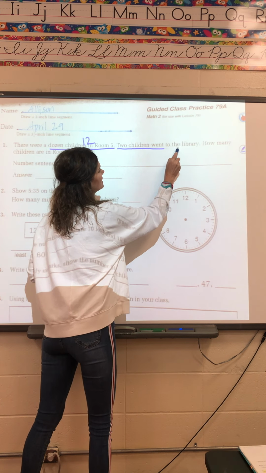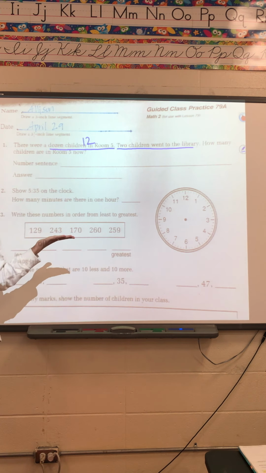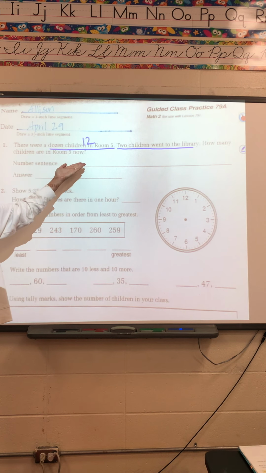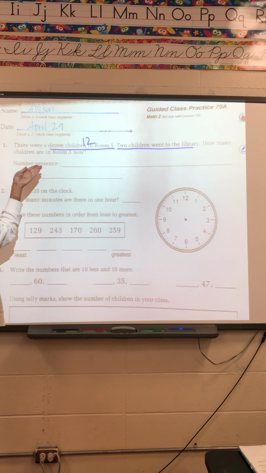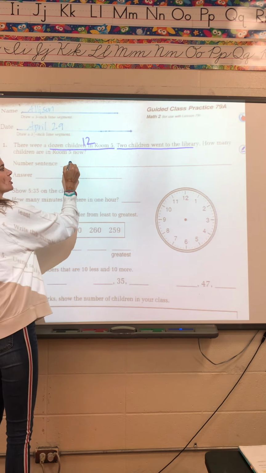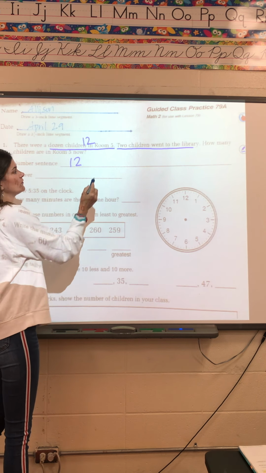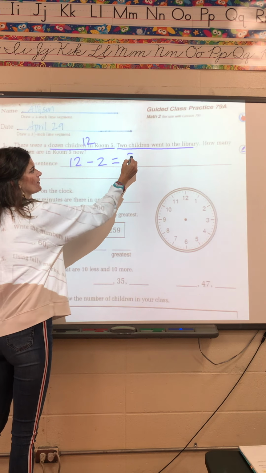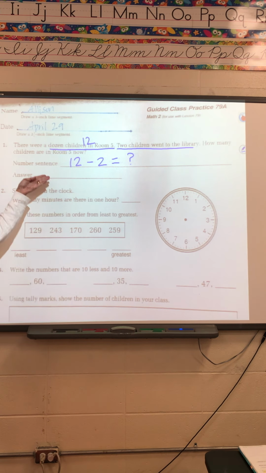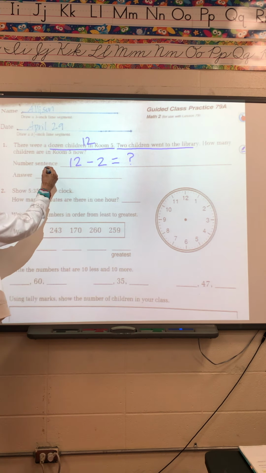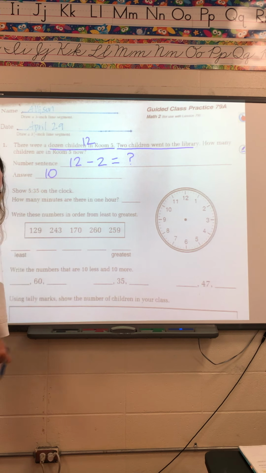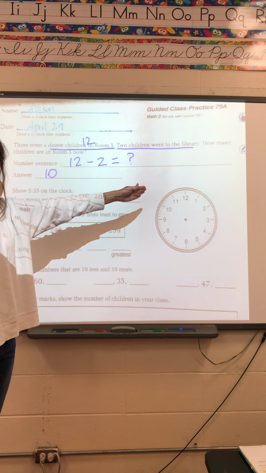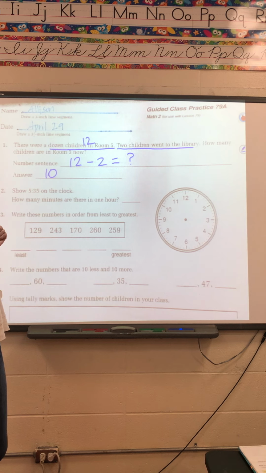So my question is, how many children are in room 5 now? Here's my number sentence. I start with a dozen, which is 12. 2 leave and go to the library. So how many are left? 12 minus 2 is 10. Do y'all see how I got that number sentence from the information in the word problem?